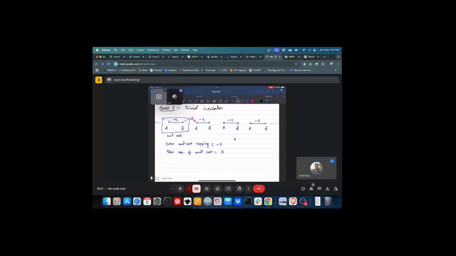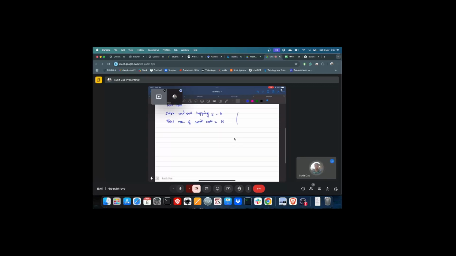So these are some extreme limits, where we are ignoring the inter unit cell hopping parameter. You can think that there is some hopping, let's say T prime, which is inter unit cell, and T is much greater than T prime.